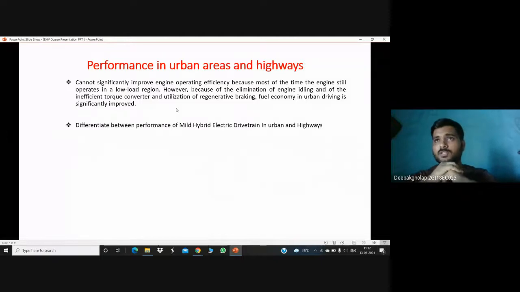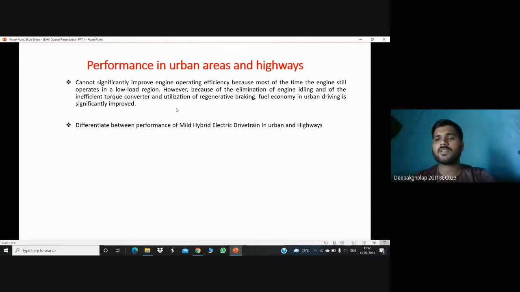Another type of loss is due to the automatic transmission in urban cities. The main component of an automatic transmission is the hybrid torque converter. The hybrid torque converter has a low efficiency at low speed, and in urban cities we have low speeds.